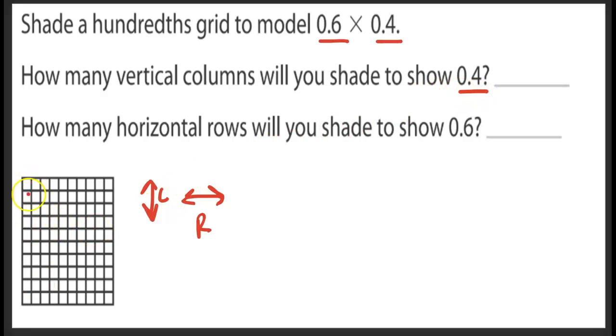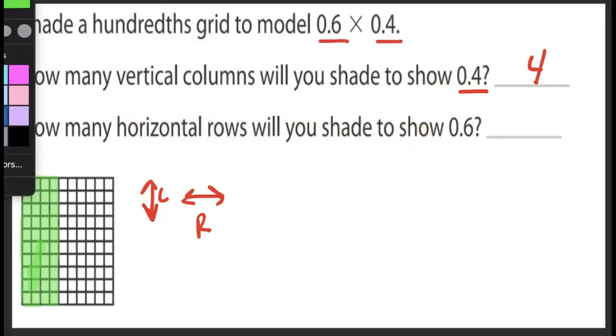Well, there's 10 boxes in this, so I know that I will shade 4 columns. 1, 2, 3, 4. Be careful with this one. I don't want to get into the 5th column. Okay, so here's 4 columns in green. That's 4 columns shown. And then we can answer this question: how many will you shade? You'll shade 4. How many horizontal rows will you shade to show 6/10?